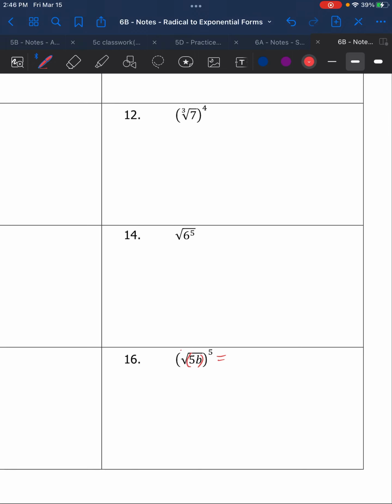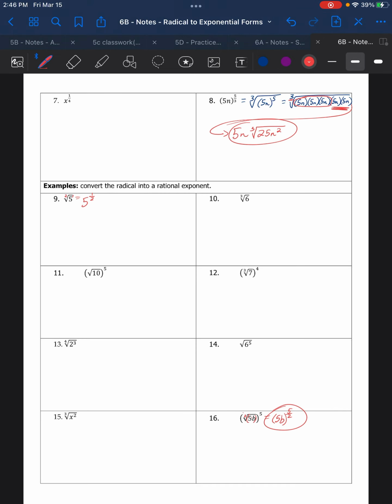In parentheses, I always put parentheses around what's underneath the square root or the radical. If it's just a letter or just a number, then I don't need parentheses. But if it's a coefficient and a letter variable, then I need the parentheses. So it's 5b raised to the 5. That's a square root, so divided by 2. All right, thanks.